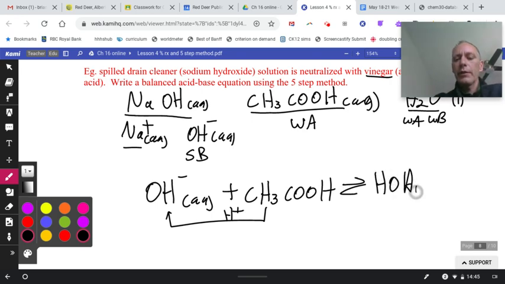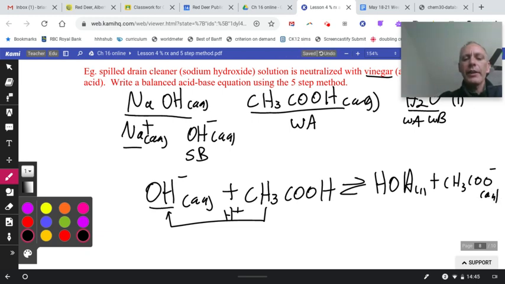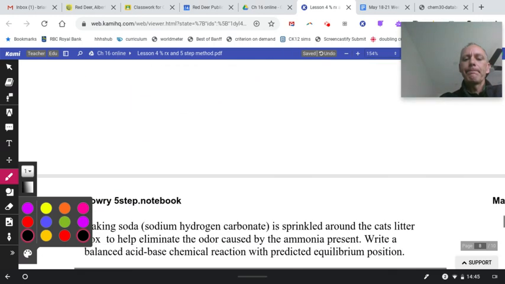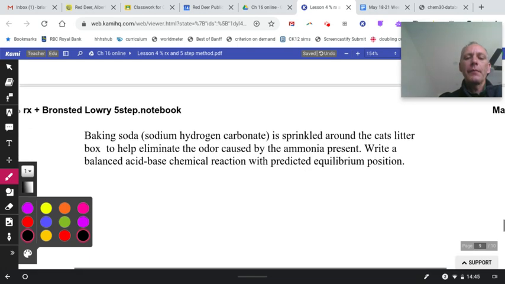HOH or H2O and CH3COO minus. And because this one's a strong base, we're done. Classifying is greater than 99% as well. Awesome. 5-step method.